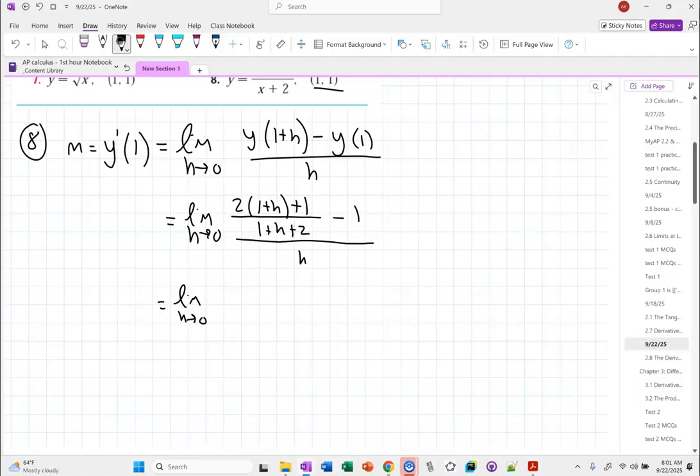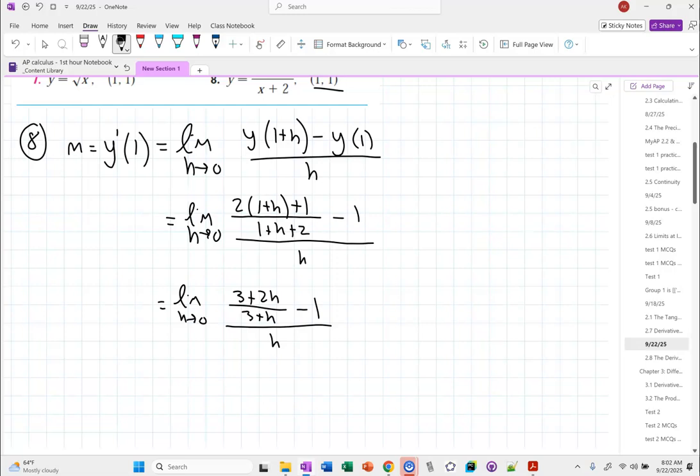So let's clean this up a little bit. That's going to be 3 plus 2h over 3 plus h. I still have the minus 1 up here, and over h. If I try a direct substitution here, I end up with 0 over 0, so there's an indeterminate form that I have to clear.